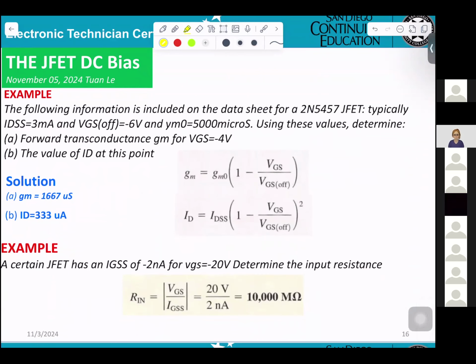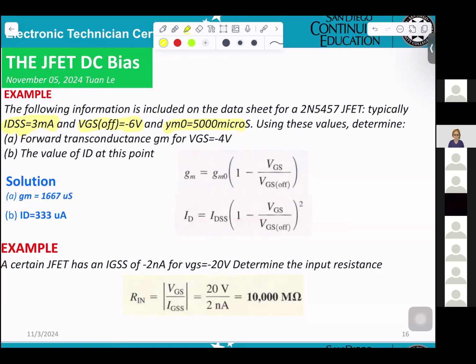Example. The following information is included on data sheet of JFET. Typical. They given you IDSS 3 milliamp, VGS off minus 6 volt, GM0 5,000 microsiemens.